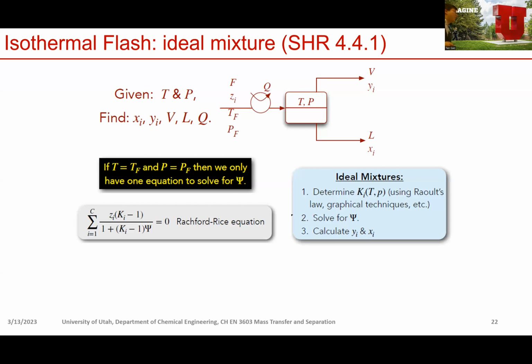However, this is a nonlinear equation, so you cannot simply solve it directly to get psi. That's why we need to use an iteration method. Once we know the temperature and pressure, we have the K values, and the way the iteration works is that you make a guess about the value of psi.